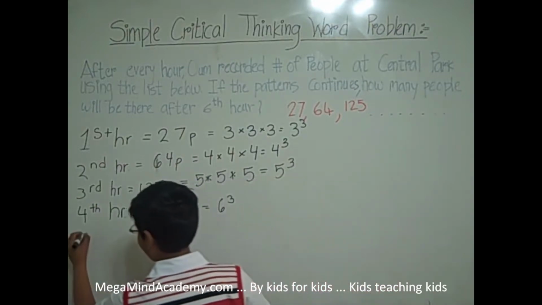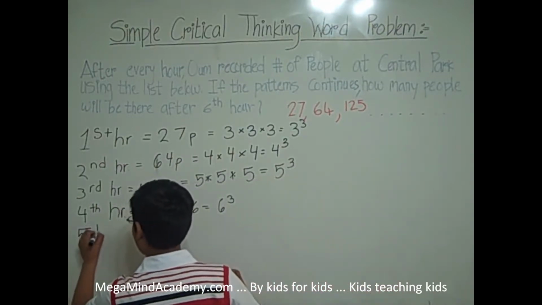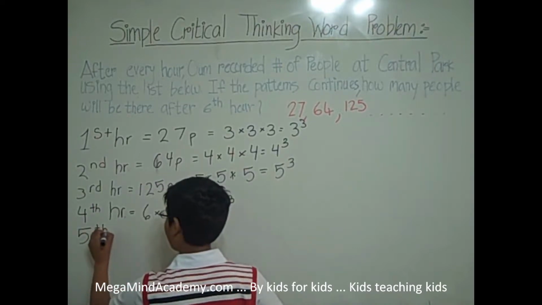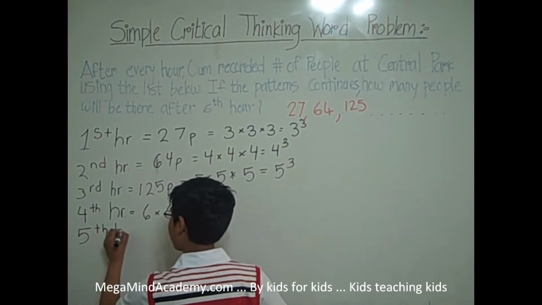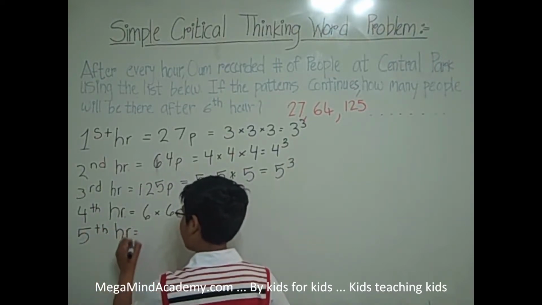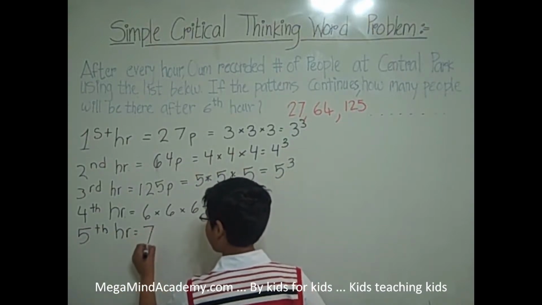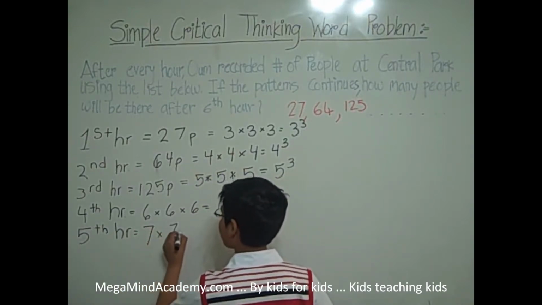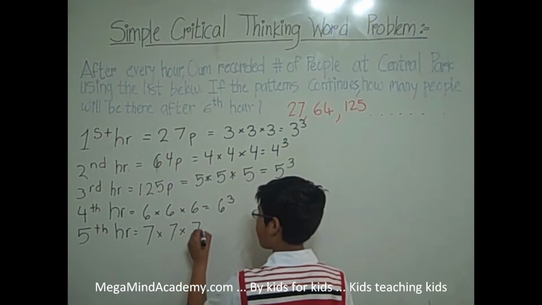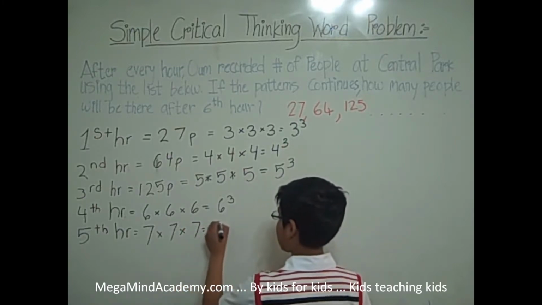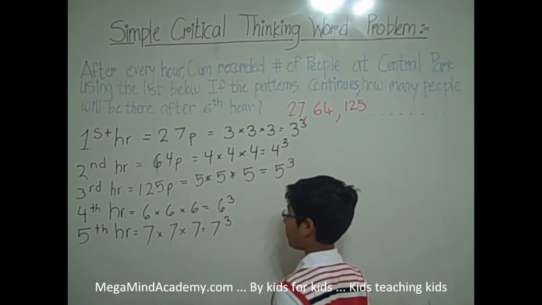After the fifth hour, Ohm will have recorded 7 times 7 times 7, which is equal to 7 raised to the power of 3.